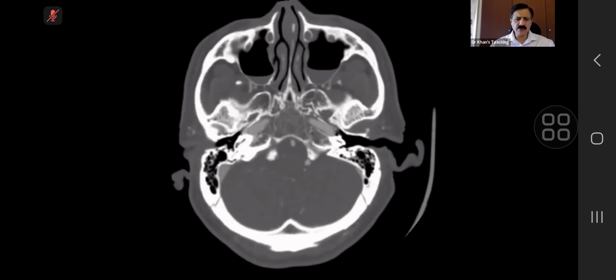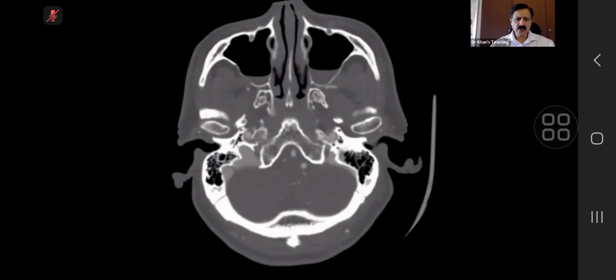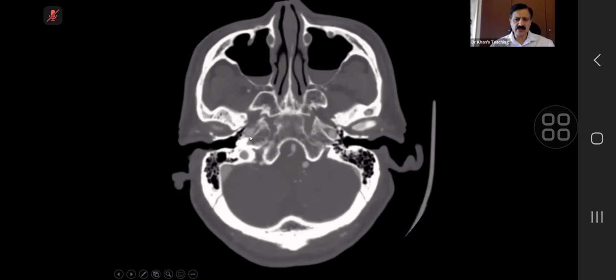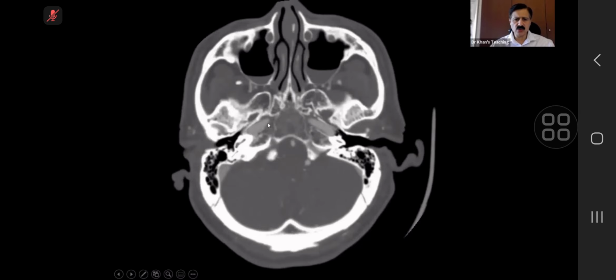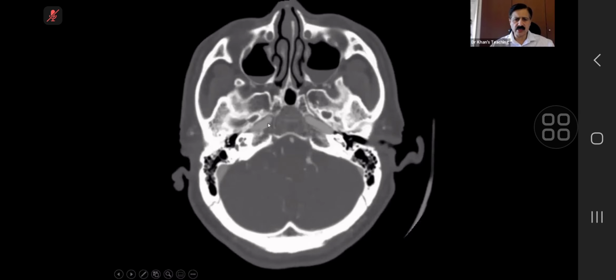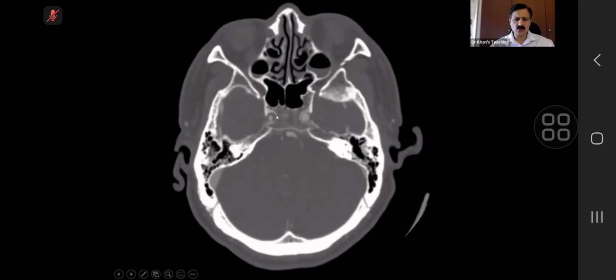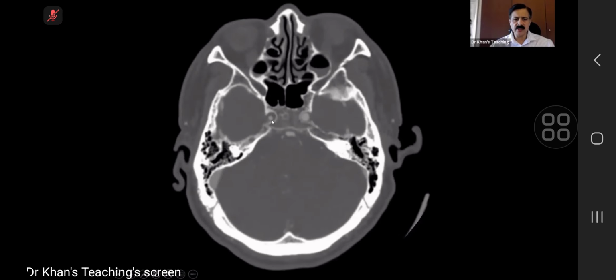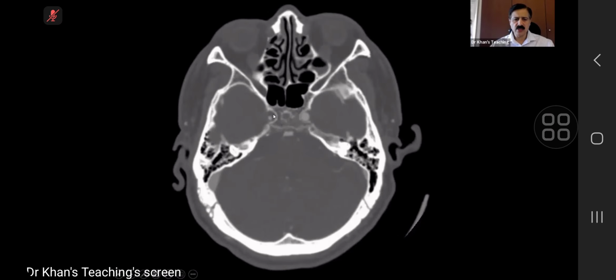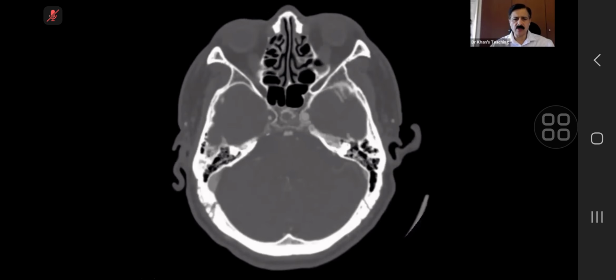Now, if you see the base of the skull, this is the carotid canal and this is the carotid canal. And you can see that the carotid artery goes into the carotid canal like this, and then it enters what we call the cavernous portion. In this particular case, you can see that there is partial stenosis of the cavernous portion, again because of a plaque.